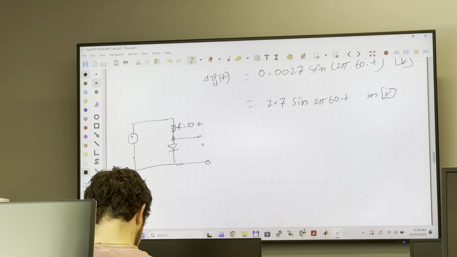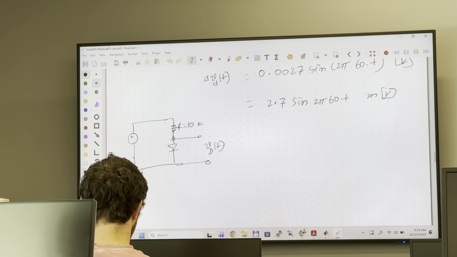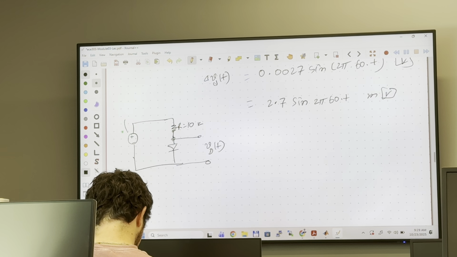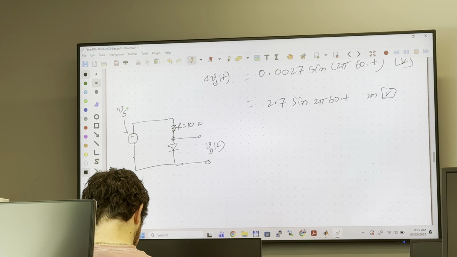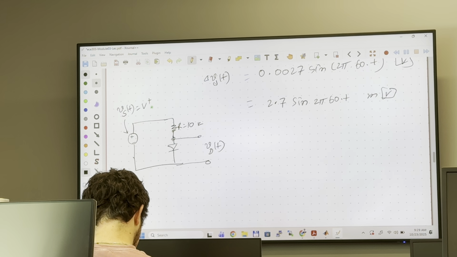We get vd as a function of time, and this is basically vs(t), which is V plus 1 sine 2 pi 60 t.